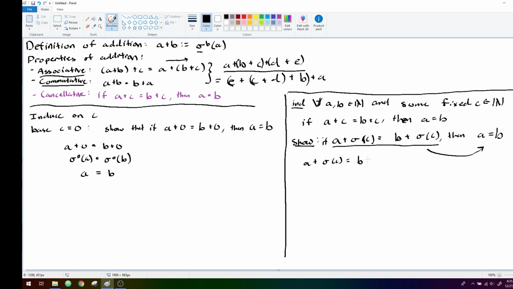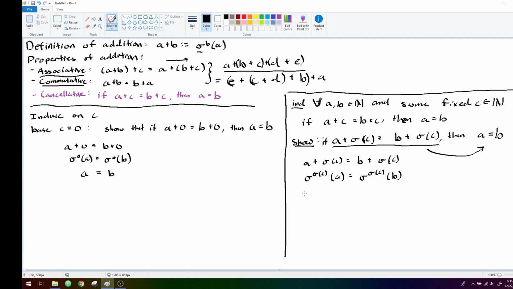a plus sigma of c equals b plus sigma of c. Transforming both sides the same way, using the definition of addition, this is sigma applied sigma of c times to a equals sigma applied that many times to b as well.